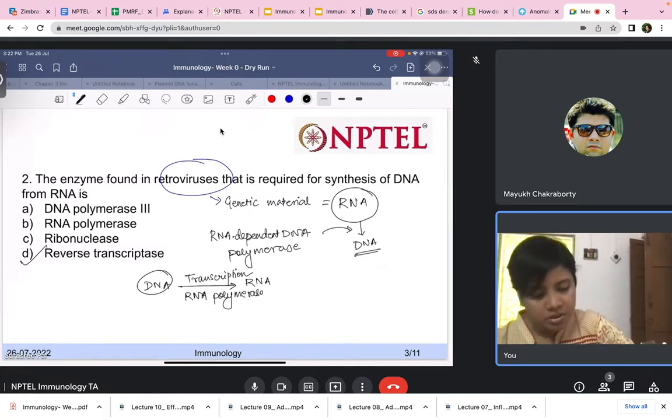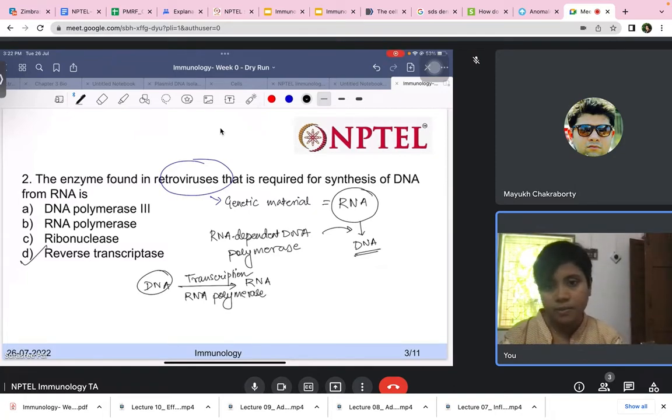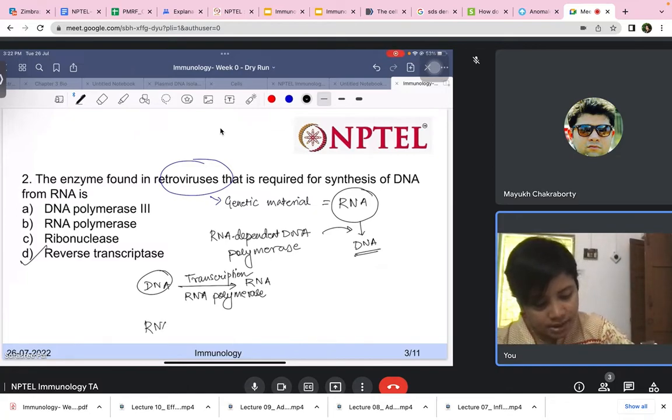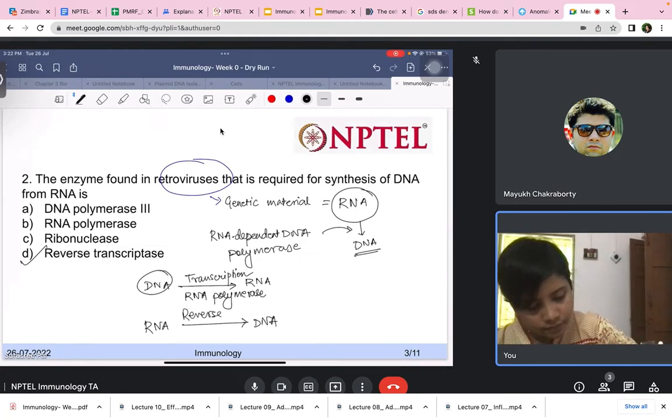Production of RNA from DNA is called transcription, and it is mediated by RNA polymerase. However, when this reverse happens, so RNA to DNA, this reverse process is called reverse transcription, and the enzyme is reverse transcriptase.